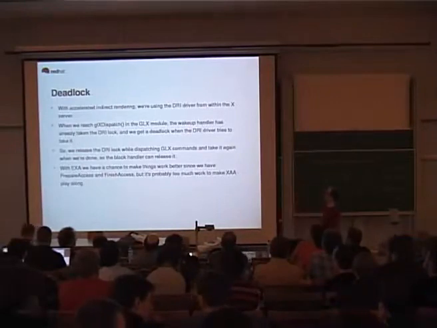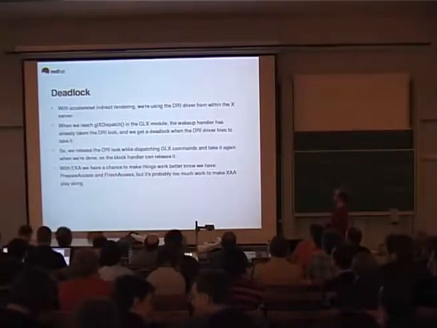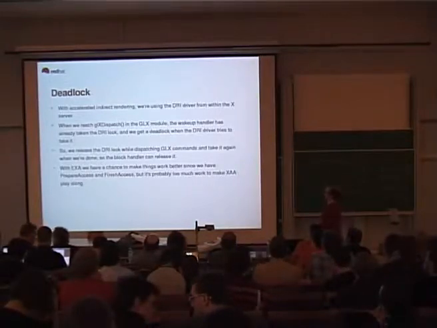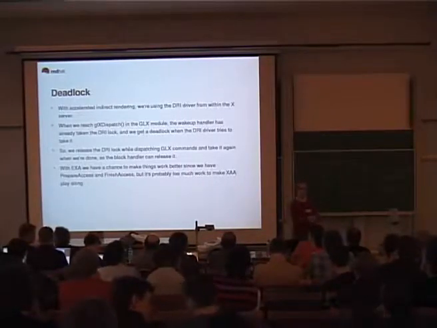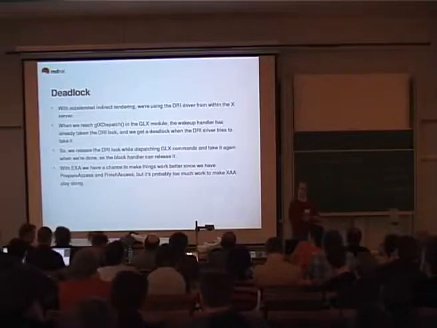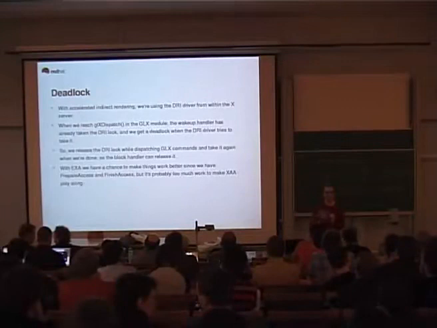So we have to do some hacking on this, and the simple way to do it is to see if a request comes in and it turns out to be a 3D request. Then before calling into the driver to render the request, we just release the lock and go into the driver.